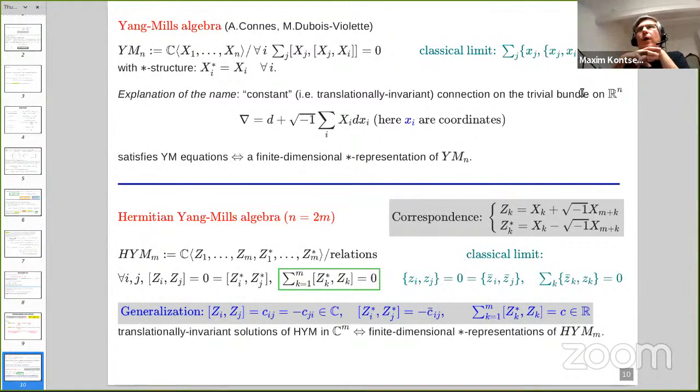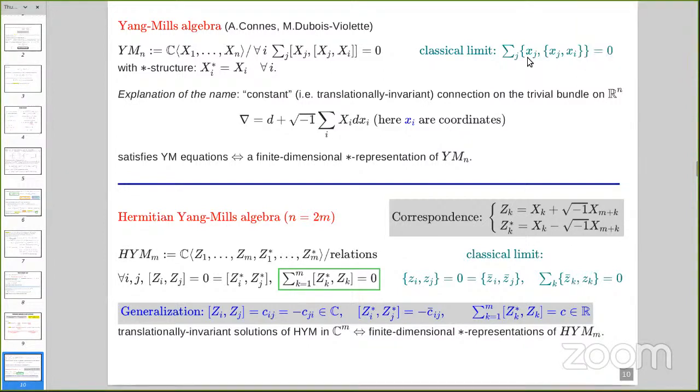And why is it called the Yang-Mills algebra? Because when I consider a trivial bundle on R^n, a trivial complex vector bundle of arbitrary rank, and consider a connection which is constant in the obvious sense, so translation invariant, so the coefficients of the connection in trivialization will be constant. And the xi here have nothing to do with this xi in the classical limit, just coordinates in R^n.